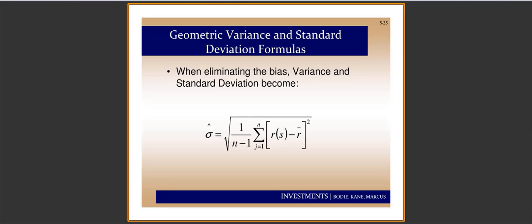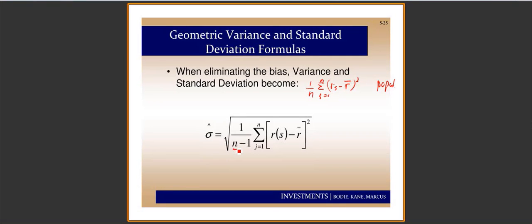Well, what we just did a moment ago, where we've got this r_s minus r bar squared, the sum, s equals 1 to n, if we multiply that times 1 over n, this was giving us the population variance. And then the square root of that would give us the population standard deviation.